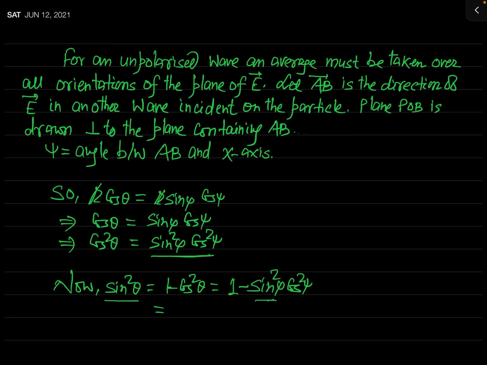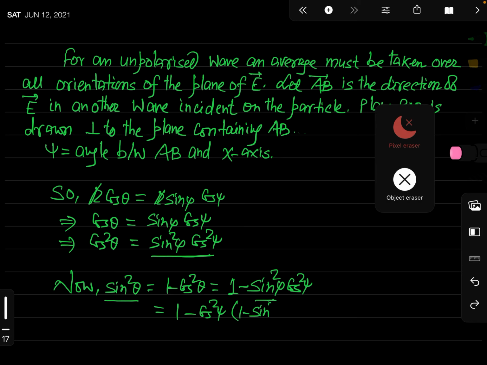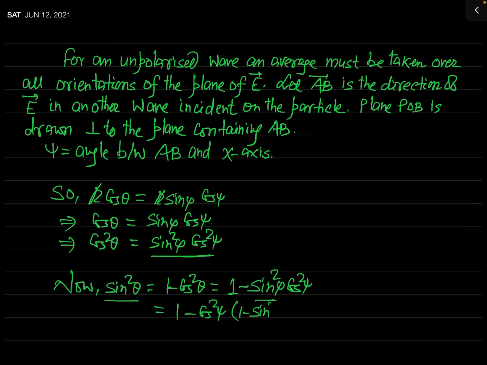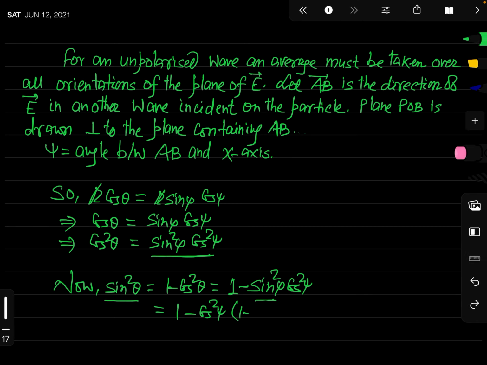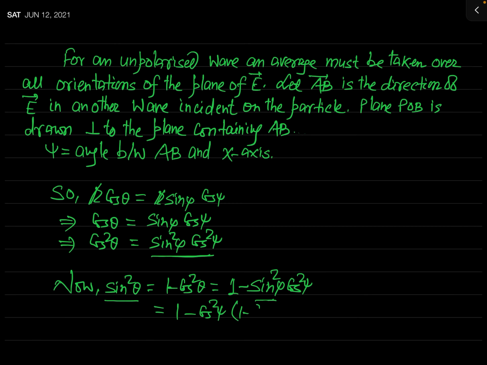And so you can see this will be what? This is 1 minus cos square psi, and sin square phi can be written as 1 minus cos square phi.